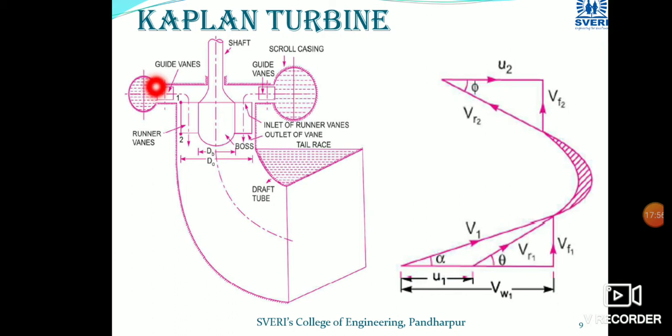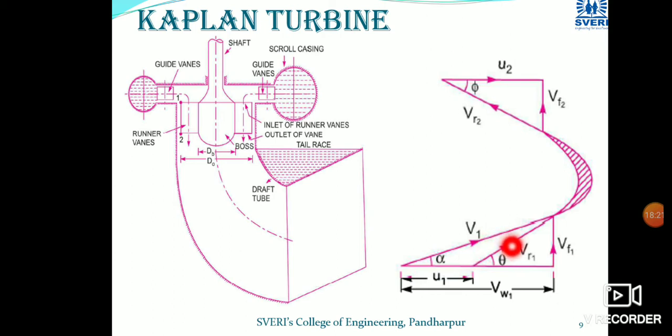Then the blade will move with velocity U1, and this V1 is having two components. Vertical is going to be VF1, and horizontal is going to be VW1. And this is going to be U1, the blade velocity component, and the difference between V1 and U1 is called VR1.